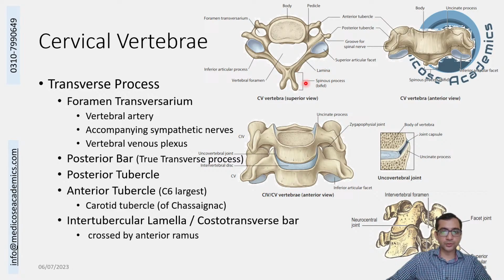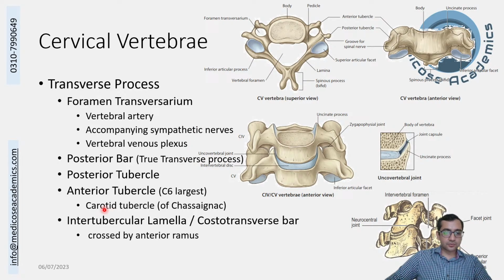The transverse process: we talked about the foramen transversarium. It is present in all the seven vertebrae. We talked about the posterior bar, posterior tubercle, anterior bar, costotransverse bar and intertubercular lamina.